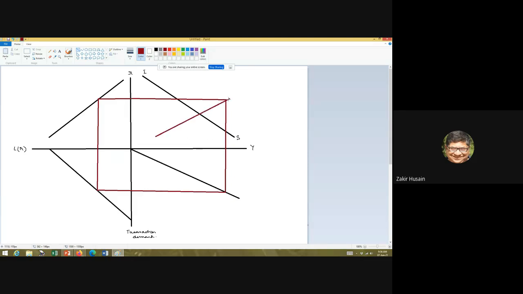Okay. So the LM curve, this will be the LM curve, the initial LM curve. Now, if the money supply increases, you have more wealth.